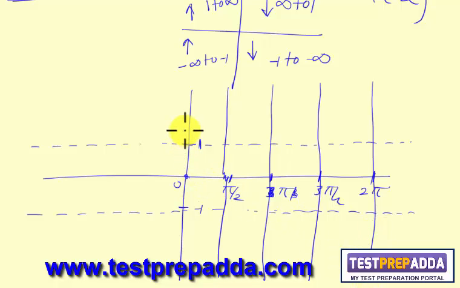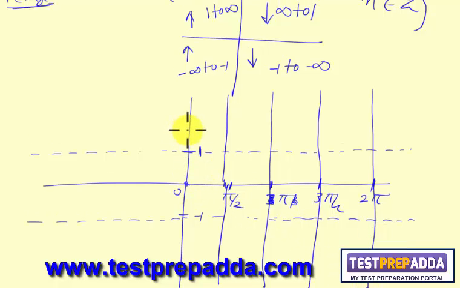Now, in the first quadrant, it says decreases from infinity to 1. So, the graph will look like this. Okay, now in the second quadrant, increases from 1 to infinity. So, the graph will go like this.